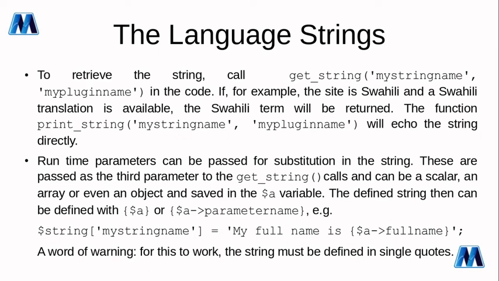For example, I've got an example on the screen there: my full name is {$a->fullname}, and what you have to remember is it's always enclosed in curly brackets for it to work. However, if you are defining a string with that parameter for substitution, the string must be defined in single quotes.